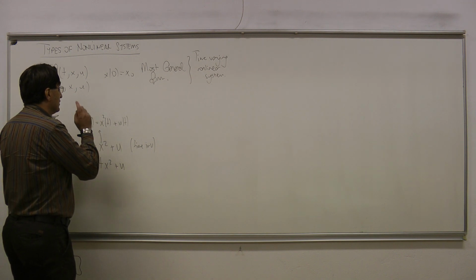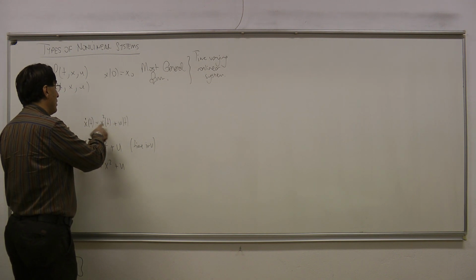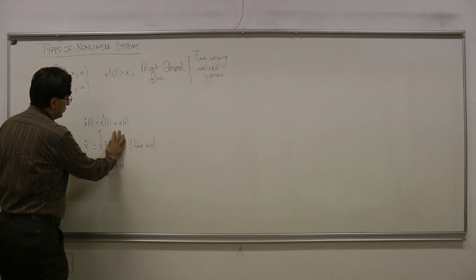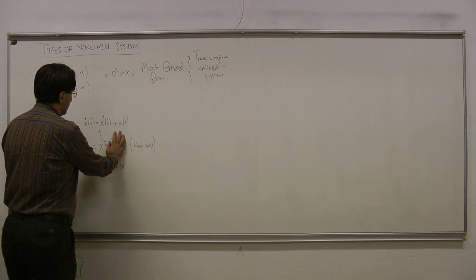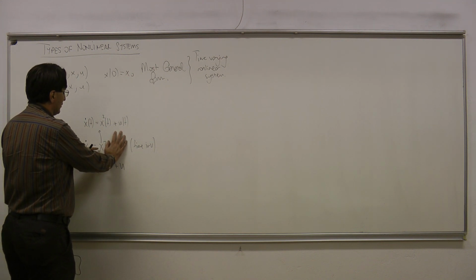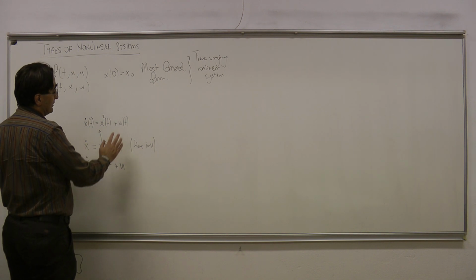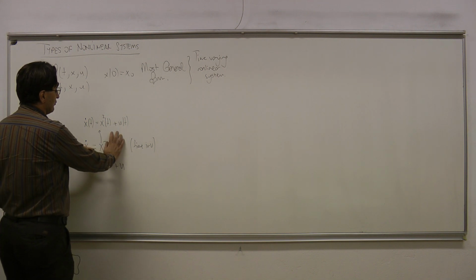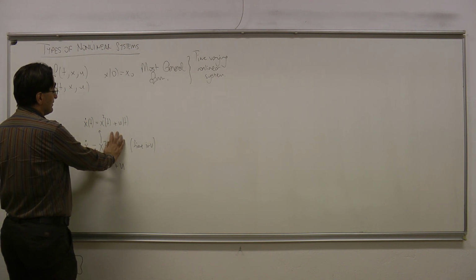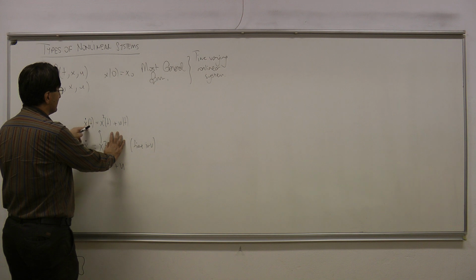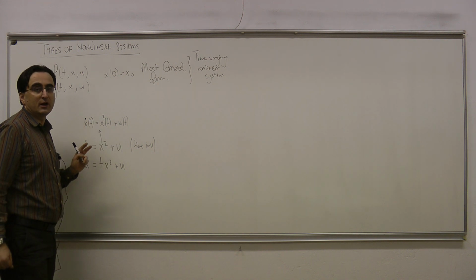But the relationship between u and x, or when I remove u from these equations, the relationship of x dot and x is invariant with respect to time. This differential equation does not explicitly depend on time, although the signals are dependent on time.